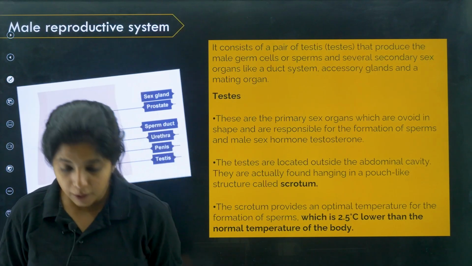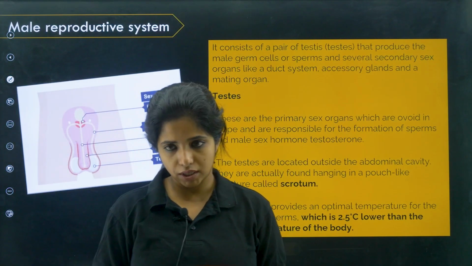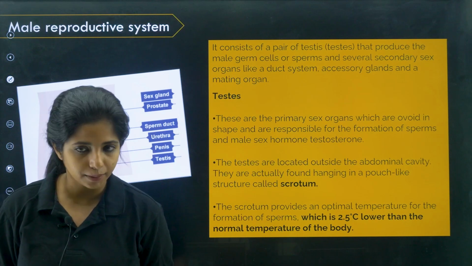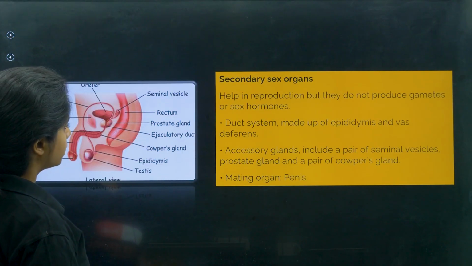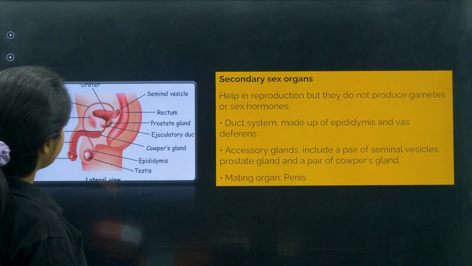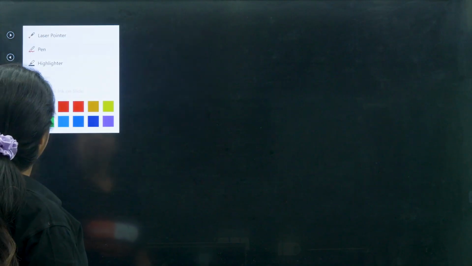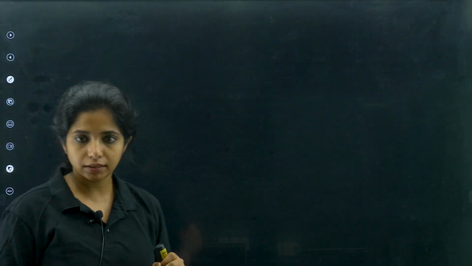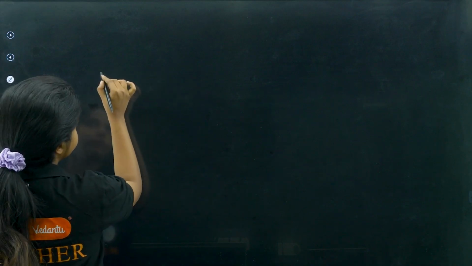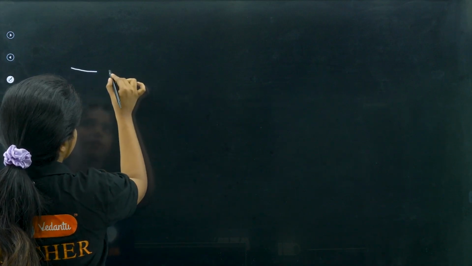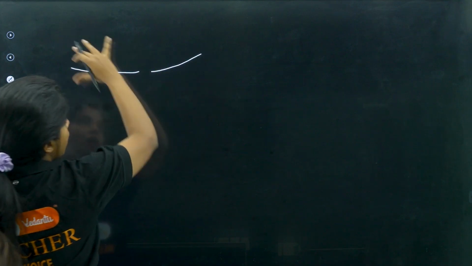Now starting with the male reproductive system, which is very interesting. Listen to me very carefully. I will make a diagram like this and try to make you understand certain things. First things first, suppose this is the abdominal region.